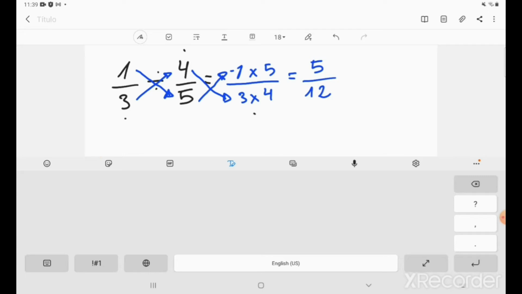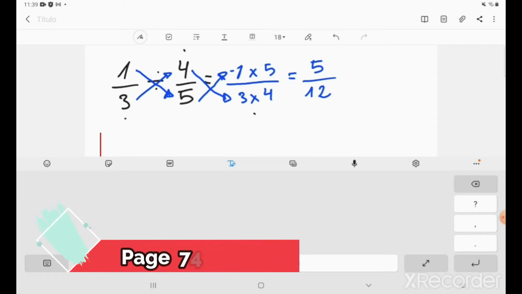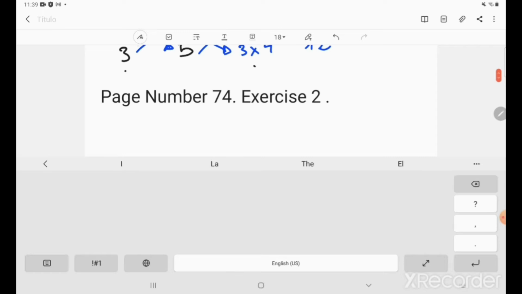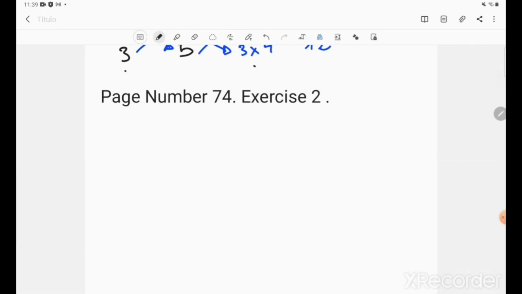What happens when we have a whole number involved? Okay, for example, let's look at the page number 74. Never mind. Let's continue. In this exercise, we have a whole number like this, 2, divided by a fraction that is 1/5. Okay, this is not a fraction divided by a fraction, but the method is quite similar.